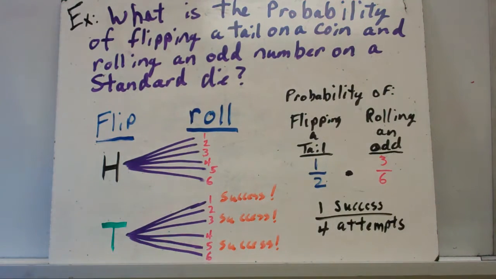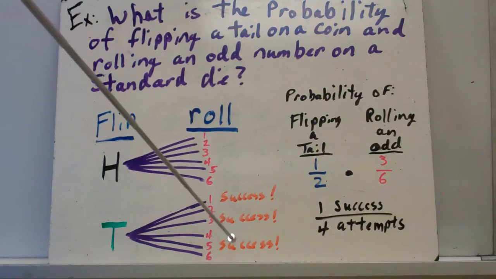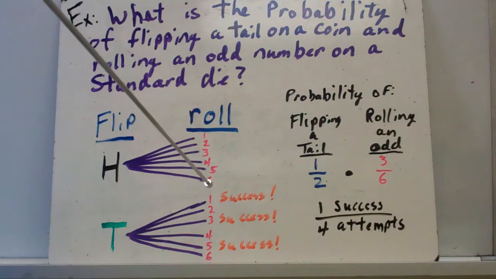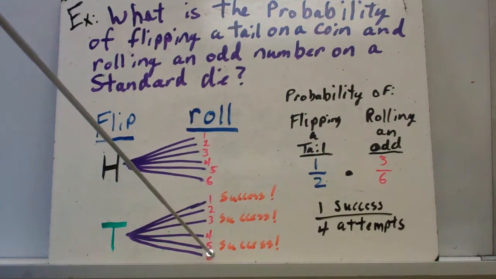So these two events do not rely upon one another. The coin flip is not affecting how the die is going to roll. It's still going to roll whatever number is going to come up. So we have 1, 2, 3 successes out of a possible 6 opportunities.